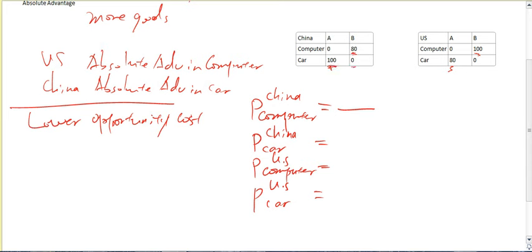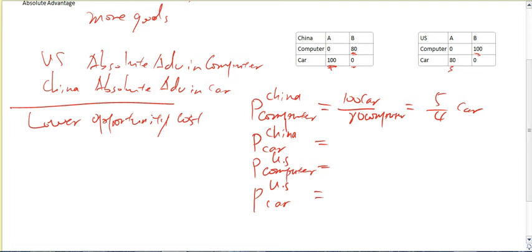So we put 100 cars on top and 80 computers on the bottom. If you simplify, this is 5/4 cars. So in China, whenever they produce a computer, it costs them 5/4 car.